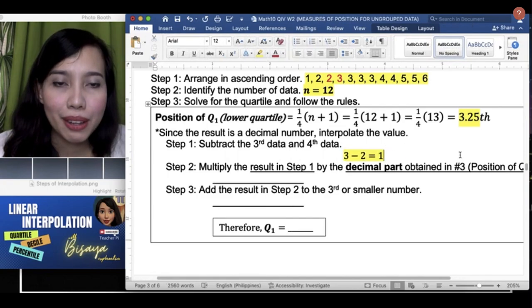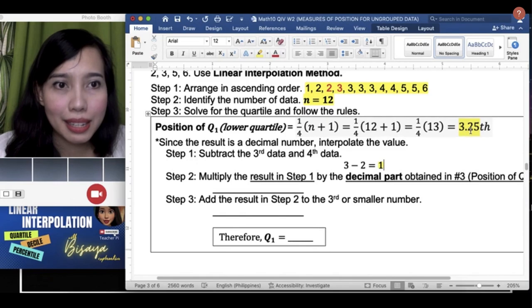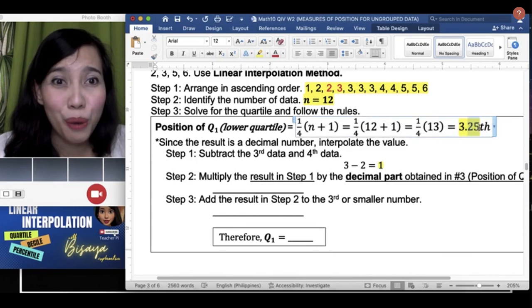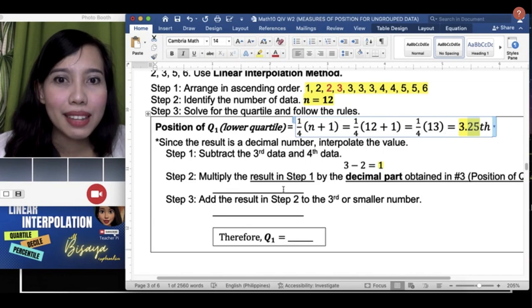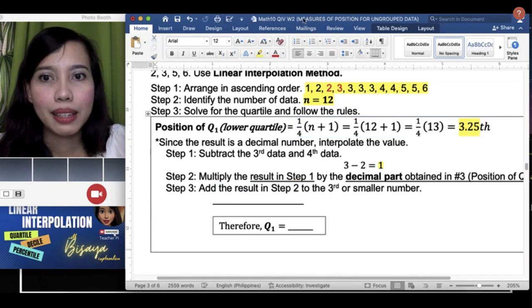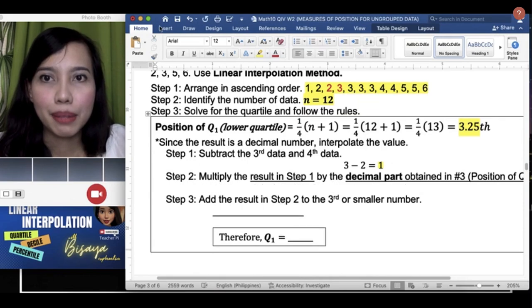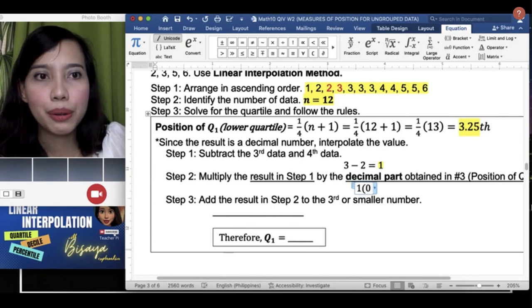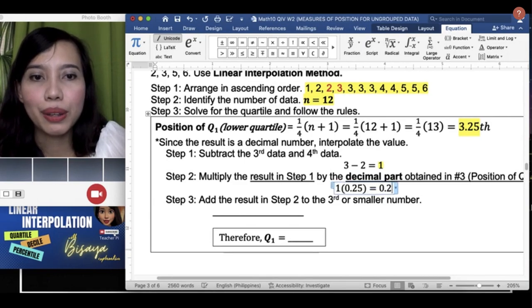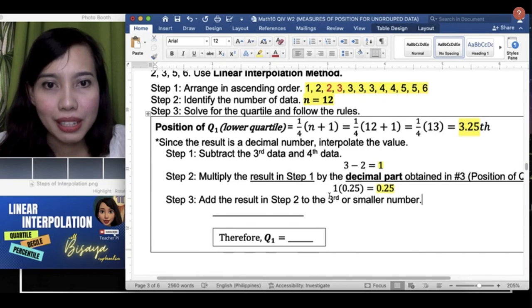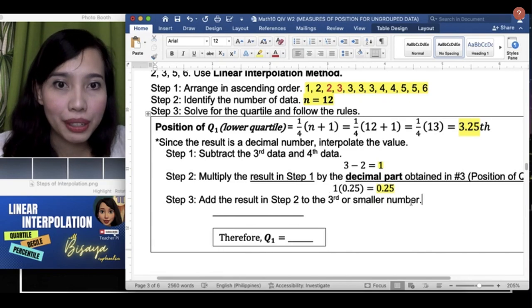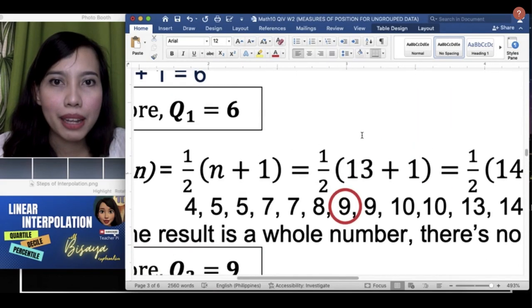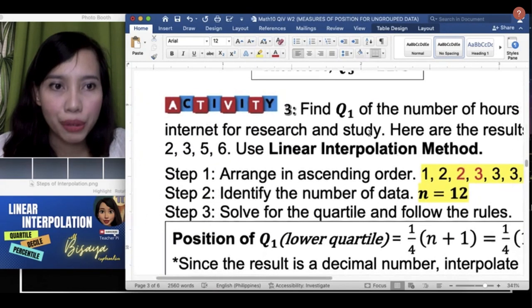Next, multiply the result in step 1 by the decimal part obtained in step 3. I-multiply natin siya sa decimal part. Very easy because that's just 1. 1 naman na. So, 1 times 0.25. It's just equal to 0.25. Add the result in step 2 to the smaller number. So, unsa may mas gamay nga number, ang 2 or ang 3?